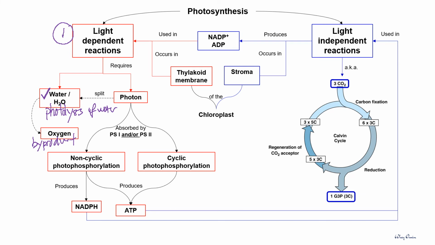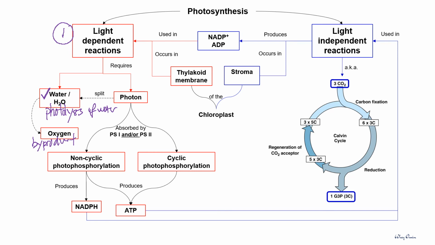First is non-cyclic photophosphorylation, a type of ATP synthesis that happens in the photosynthetic cell. And there is another pathway to produce ATP, which is cyclic photophosphorylation.